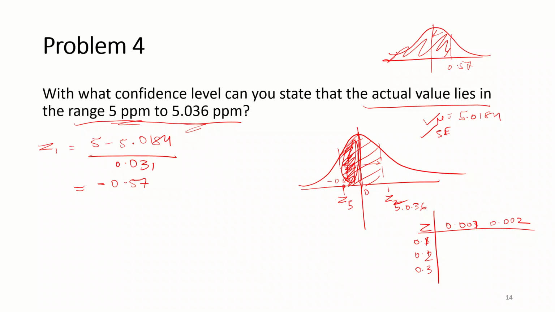The Z value at minus 0.57, you will get these values. I think everyone can follow it.